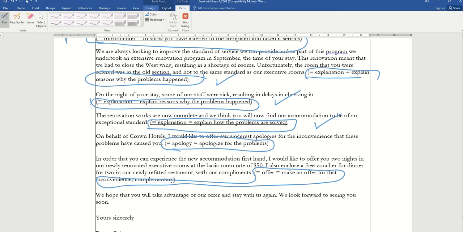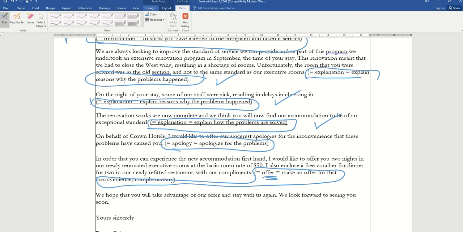The following paragraph is apology. On behalf of, I would like to, and next one is offer, compensation, voucher, how many percent discount, or whatever.